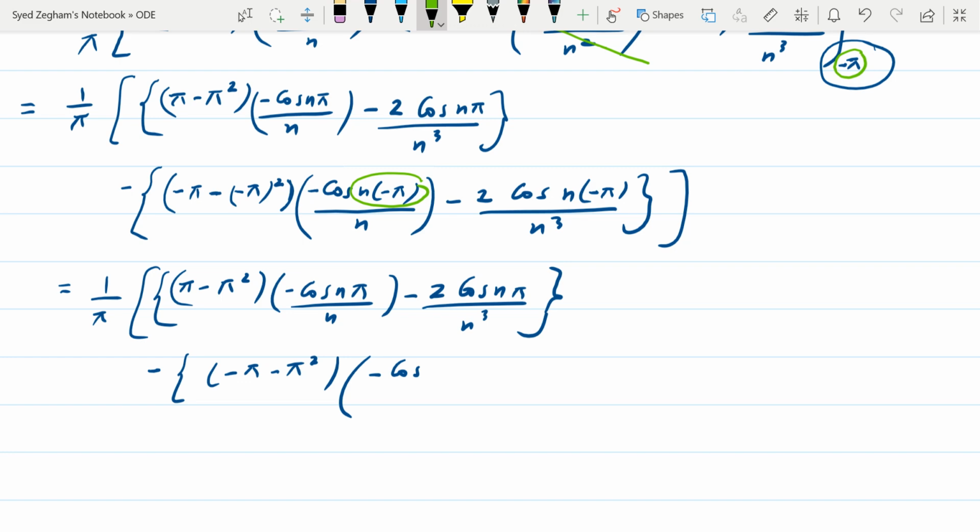So cosine minus n pi will be same as cosine n pi divided by n, and the second term will give us minus 2 cosine. Here also we are getting cosine minus n pi, which is same as cosine n pi. So no issues. Divided by n power 3.